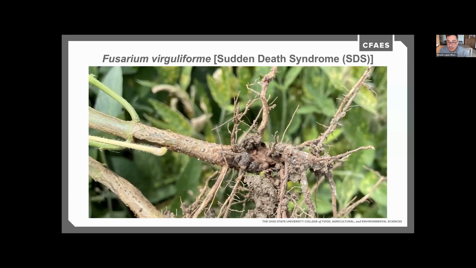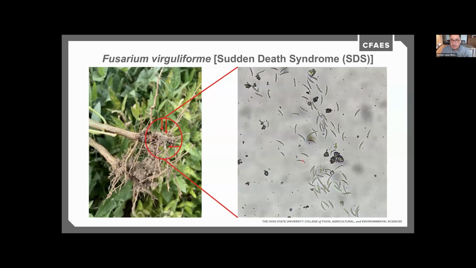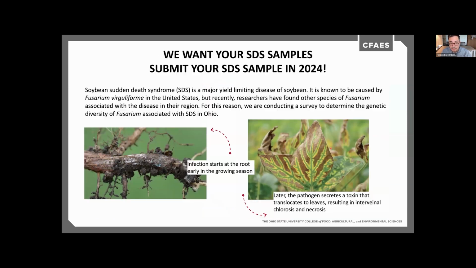We pull those plants very gently, and we can actually see the fungus growing on that stem, very bluish, greenish in color when the soil is very moist. We take that under a microscope, and we can actually see tons of those spores, and each one of those can germinate and cause an infection to your plant. And these can also survive in the soil. So you can see how easily we can start building up inoculum in our fields.